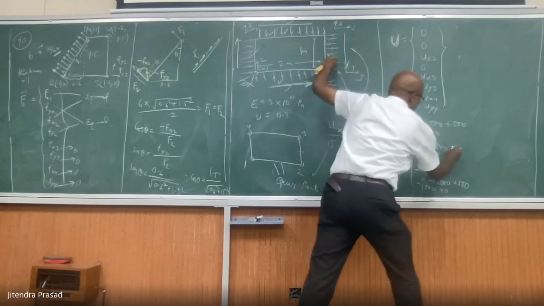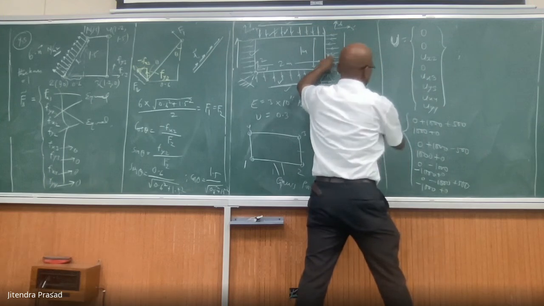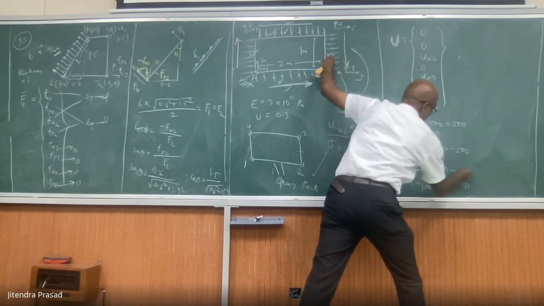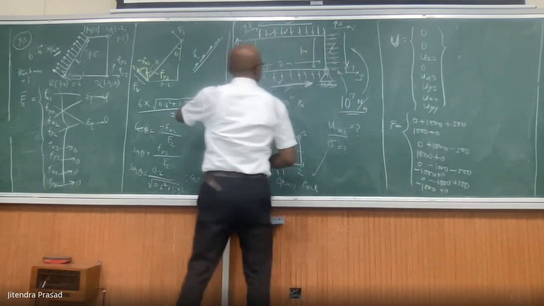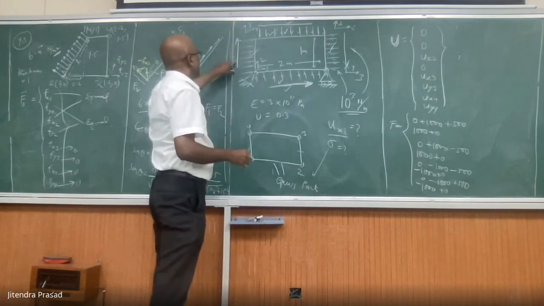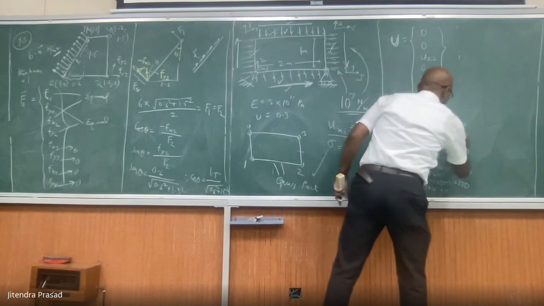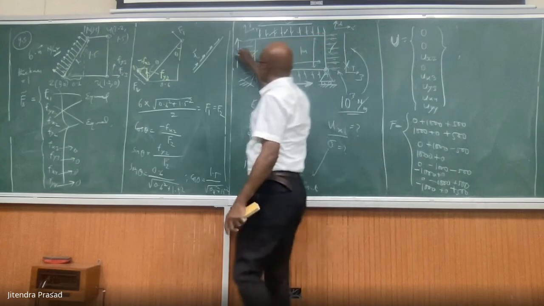So 1, 2, 3, minus 500, and 5, 3, 4, 5, this is also minus 500. So this is also done. Now 2 and 8, plus 500 and plus 500. So this is also done.